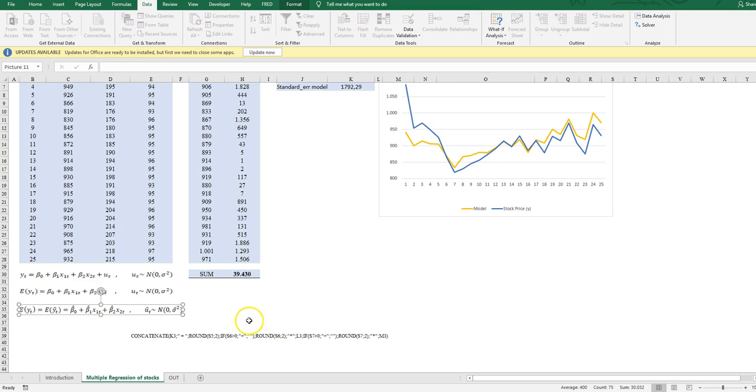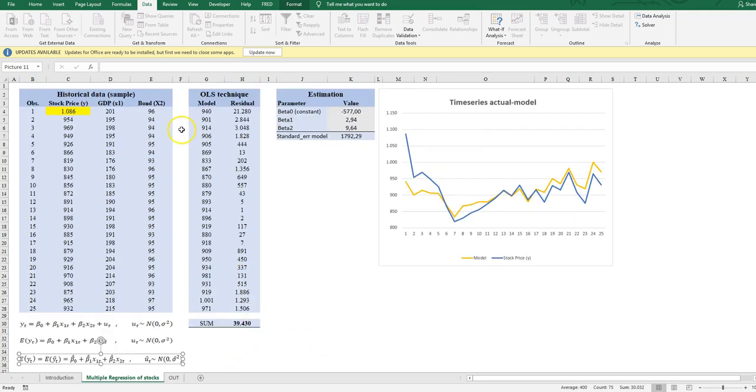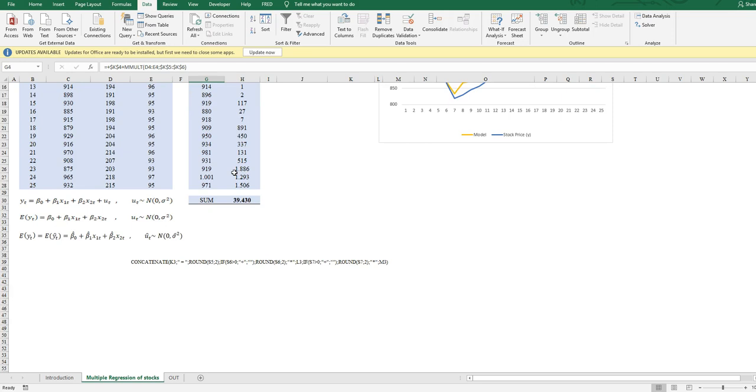And this is why we put the two equal to each other and make the difference as small as possible. In that way, beta 0, beta 1 and beta 2 will be the best possible estimates of the true population parameters.